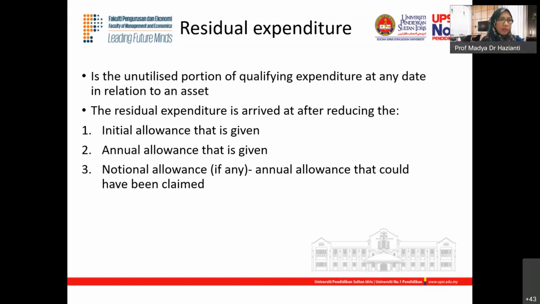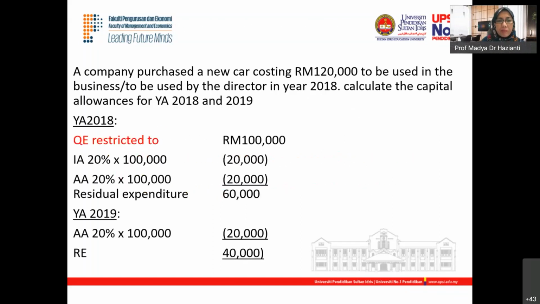So the concept is like I said, similar to accounting, whereby we have in accounting macam sini tadi. Okay, so look at this calculation, so ini adalah qualifying expenditure. So kalau dalam accounting we call this as cost lah, ataupun purchase price, kita ada cost.